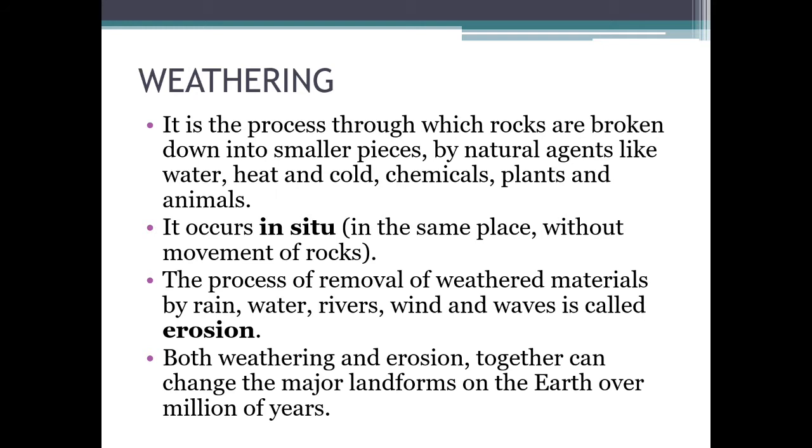It is mostly seen in situ. In situ means the very place where the rock is present, and rock movement is not required for the weathering of the rocks. If the movement, the transportation of that weathered material is seen, that is due to erosion.